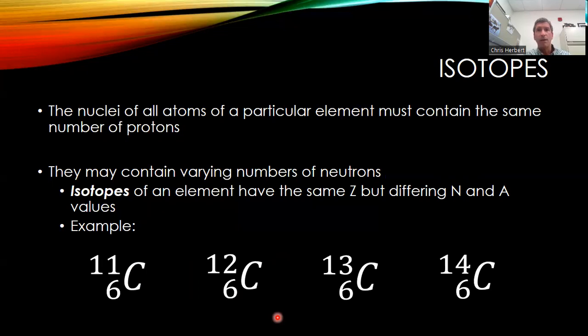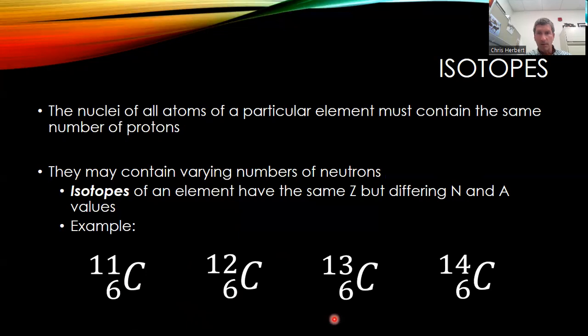As elements get heavier and heavier, we'll see in the next section that we favor neutron-rich isotopes as Z gets larger and larger, because the electrostatic repulsion from the protons makes it more energetically favorable to add more neutrons than protons.